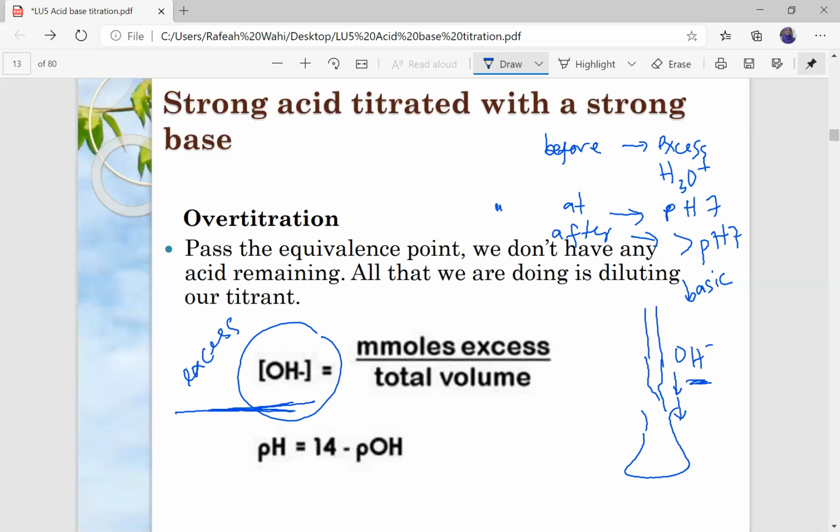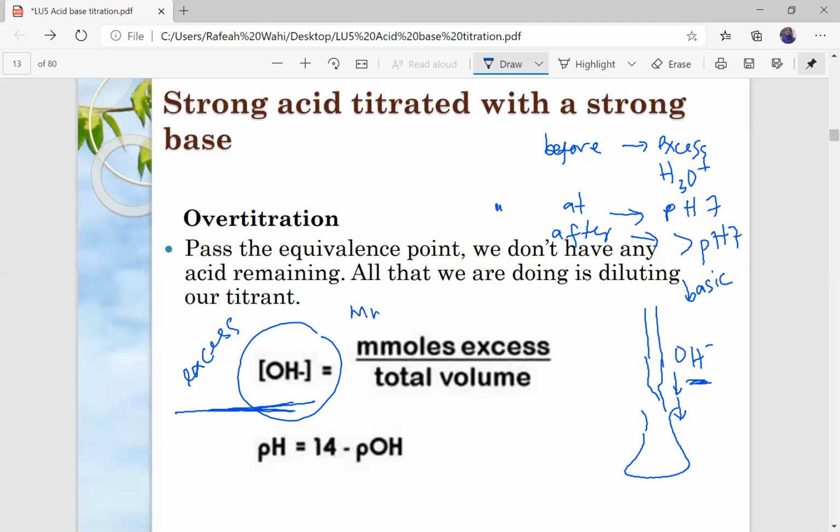So how do we calculate the concentration of excess hydroxide ion? It is millimoles of excess hydroxide ion divided by the total volume. How do we calculate millimoles excess?